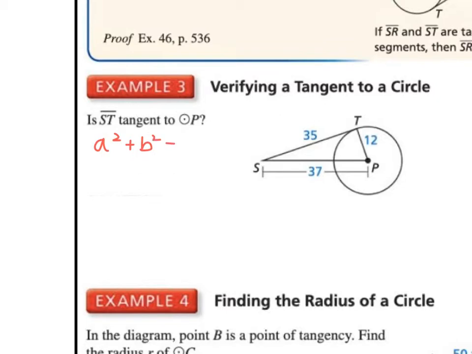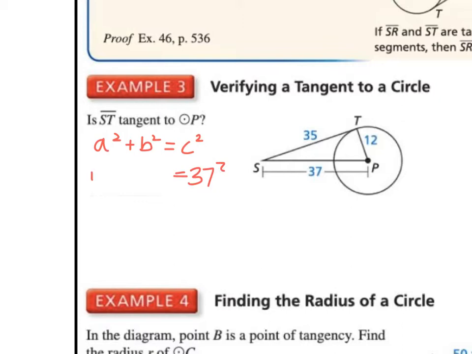Because if you look here, it does make a triangle. What side do you have to put for C? 37. The longest side has to go for C. What we're doing is we're checking to see if it's going to work with Pythagorean theorem. If it does, then it is a right triangle, and so this is a 90-degree angle. So 37 goes for C.